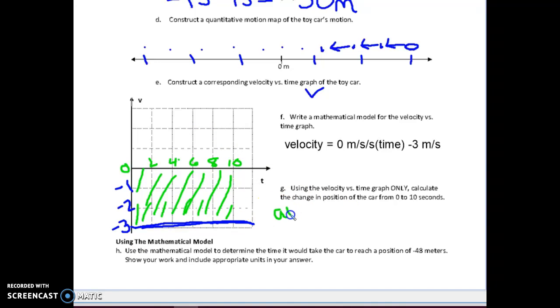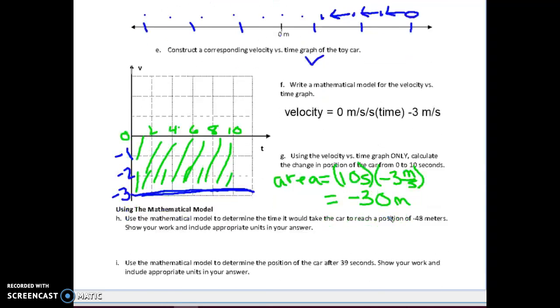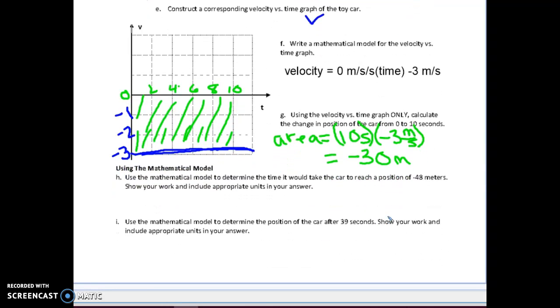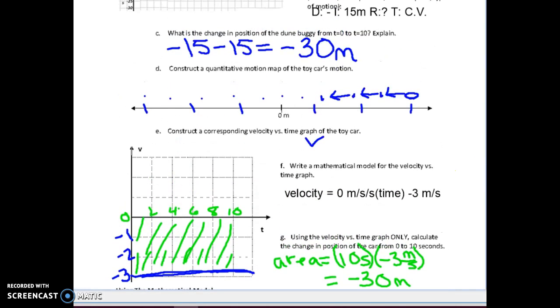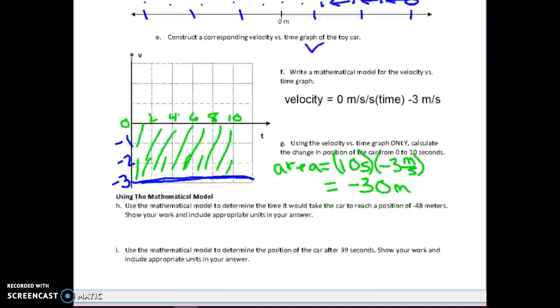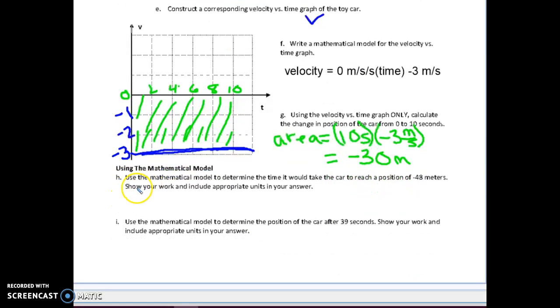And I'm going to calculate the area. It's just a rectangle, so it's base times height. It's 10 seconds wide and negative 3 meters per second tall, and that gives me a value of negative 30 meters. If I want to, I can compare the answer for letter G to my answer for letter C up above, and you'll notice I get the same thing. That's not a coincidence.